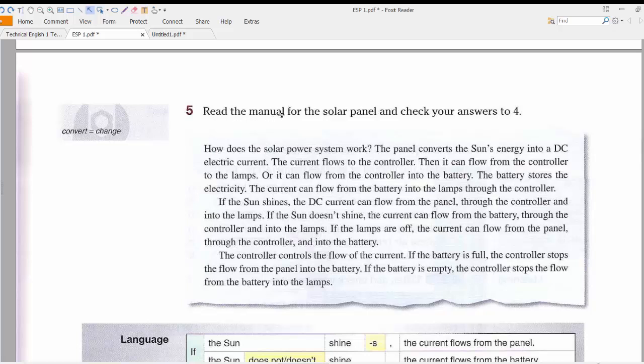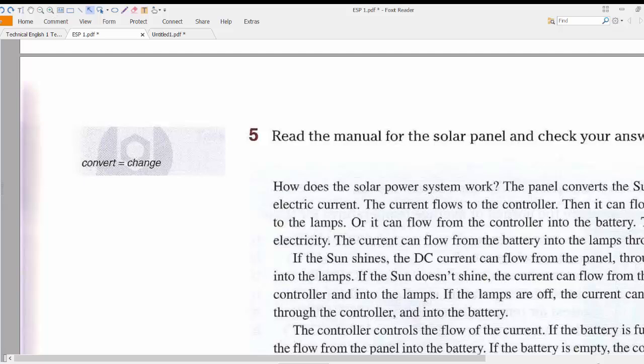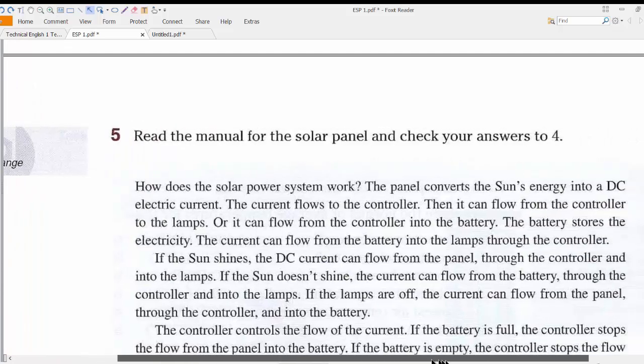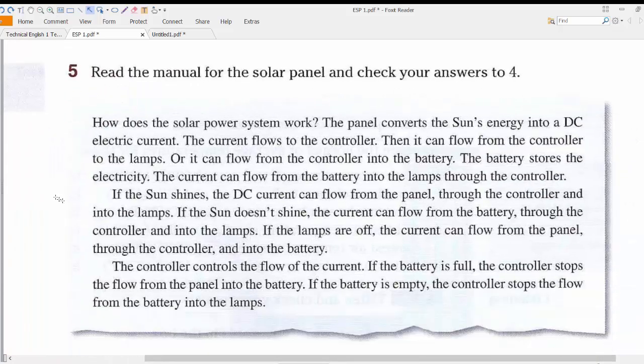Read the manual for the solar panel and check your answers to 4. Let's read and check our answers. Okay. How does the solar power system work? The panel converts the sun's energy into a DC electrical current.